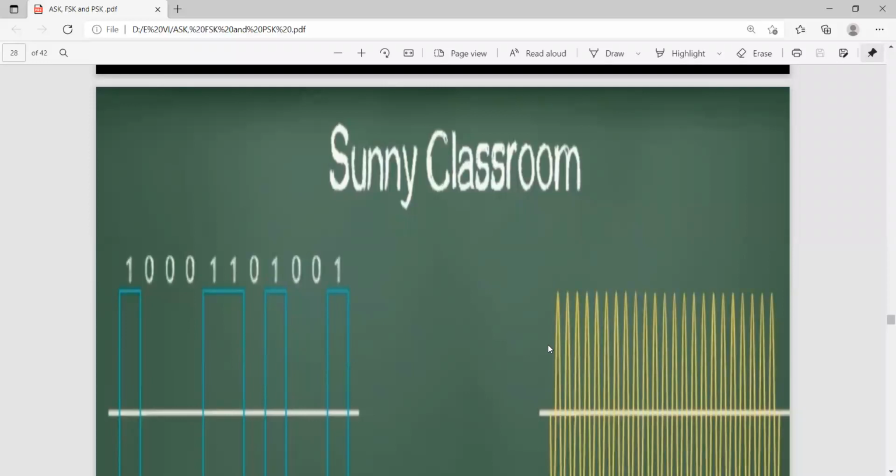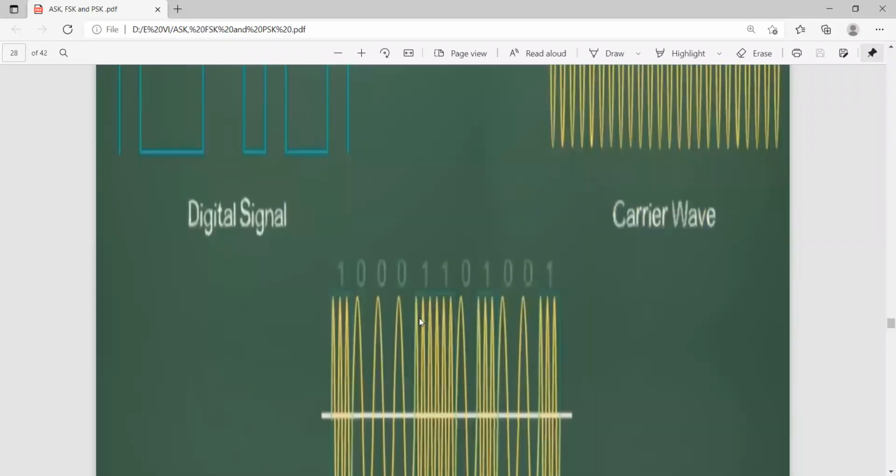So frequency shift keying is nothing but adding the digital data to the carrier signal, in which if the digital bit is present, the frequency will be more. If the bit is absent, the frequency will be very narrow, so less.